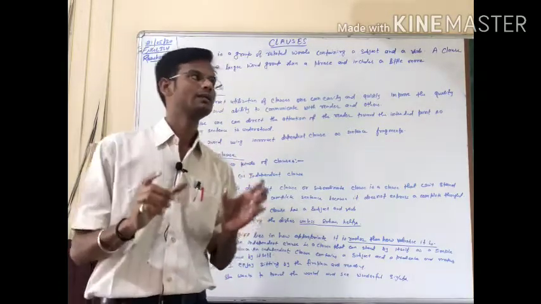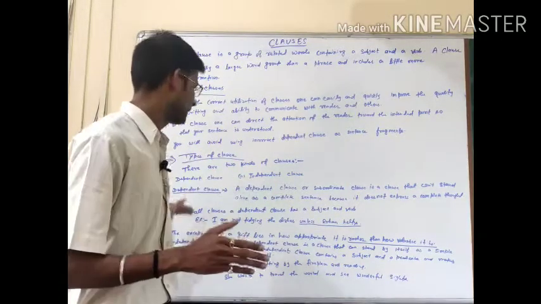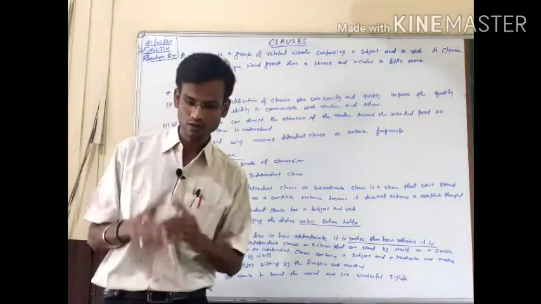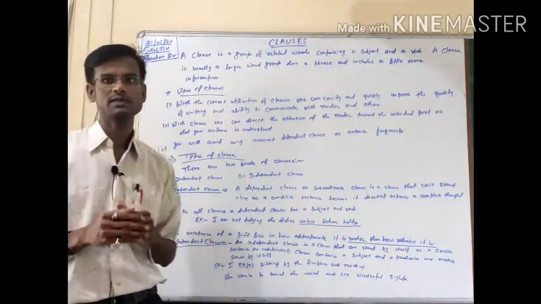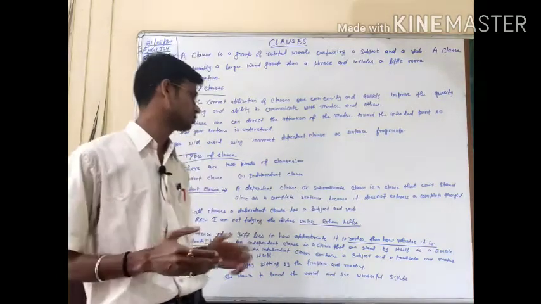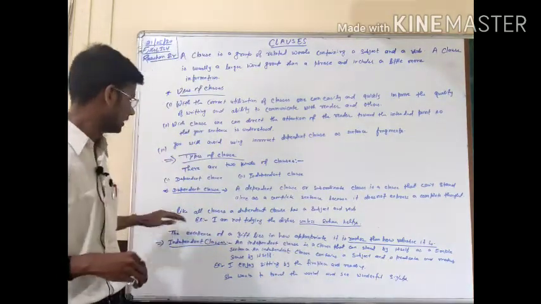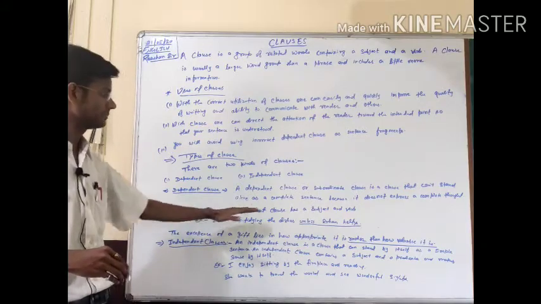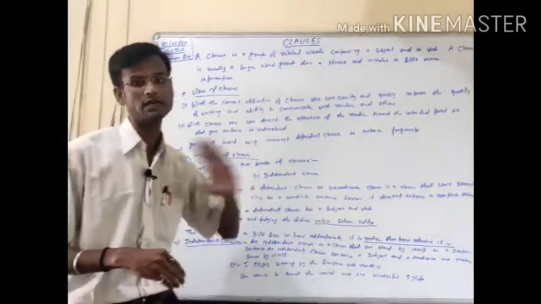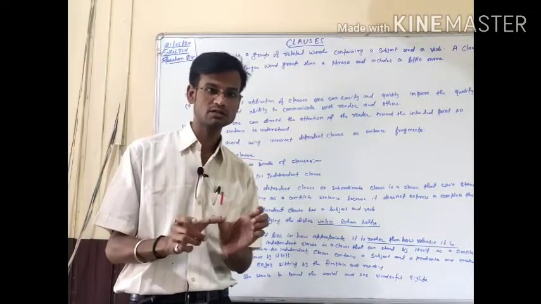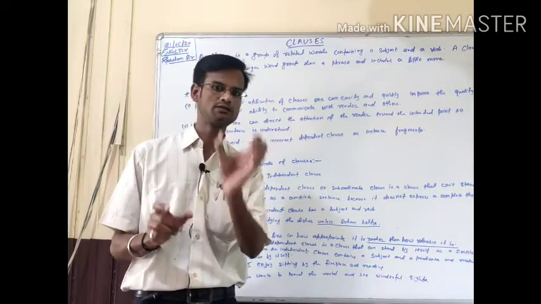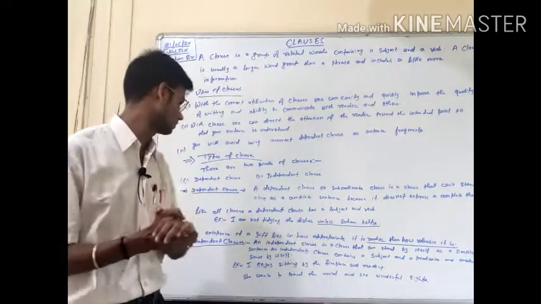It means that if a dependent clause stands alone, it will not be able to express the thought. Like all clauses, a dependent clause has a subject and a verb. The need for the subject and the verb is very essential.